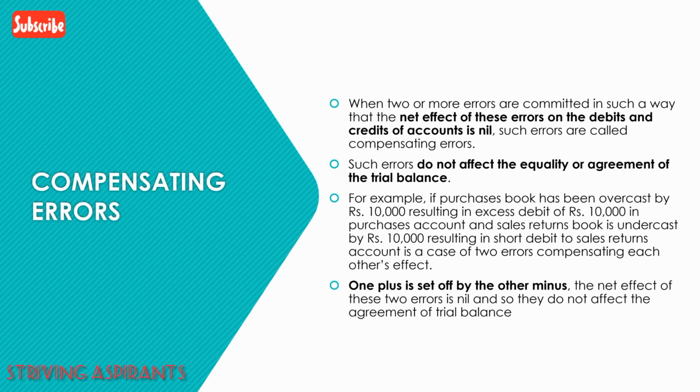Two entries in the two accounts are compensated together and closed in such a way that it is very difficult to find out. So it should be carefully noted if there is a chance of this type of error happening while posting from ledger accounts to the trial balance.